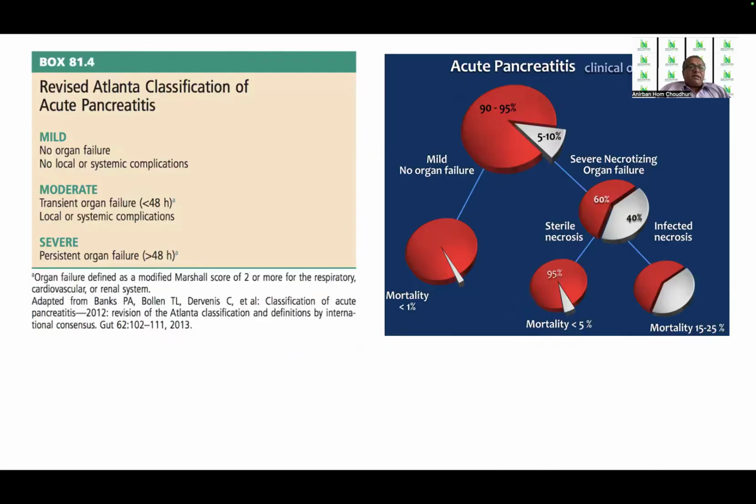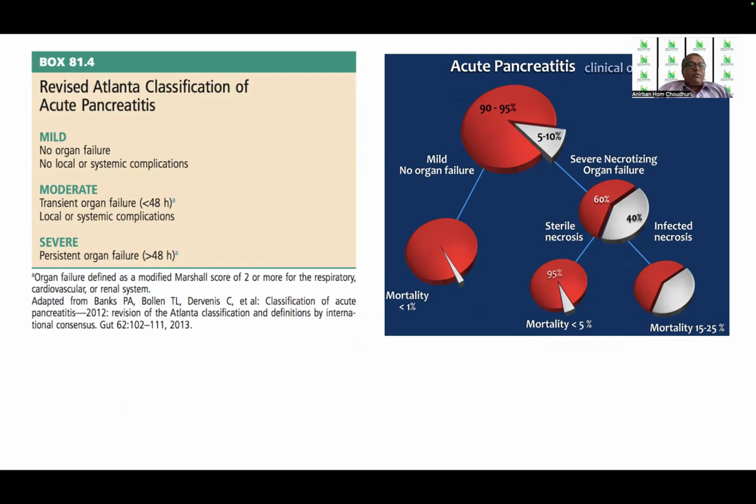As per the revised Atlanta classification, severity can be very simply classified into mild, moderate, and severe based on the presence of organ failure, the persistence of the organ failure beyond 48 hours, and the presence or absence of local or systemic complications. Accordingly, if there is transient organ failure, which is less than 48 hours, it is moderate. And when it is more than 48 hours, it is severe acute pancreatitis.